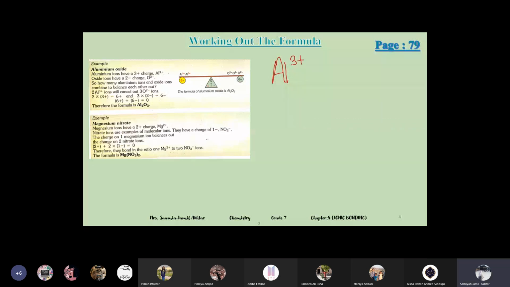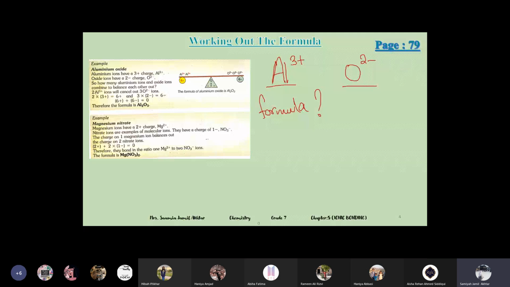Oxide ions have 2 minus charge, so oxygen is 2 minus. How many aluminium ions and oxide ions combine to balance each other out? These two ions are given and you have to find the formula of aluminium oxide, so you have to see how these charges balance each other.